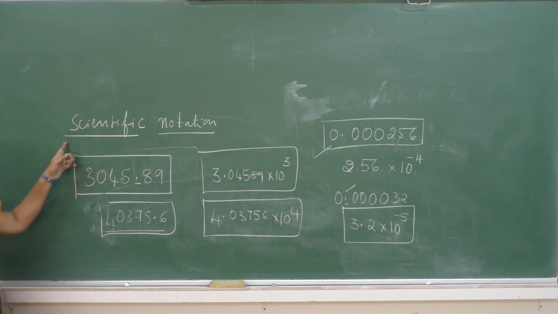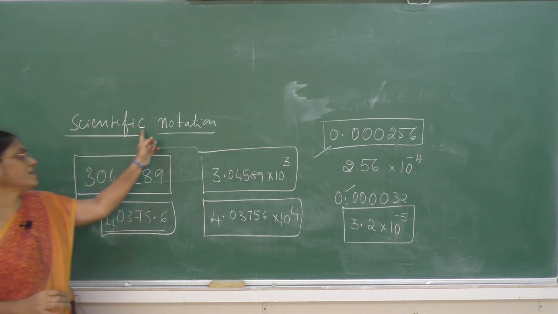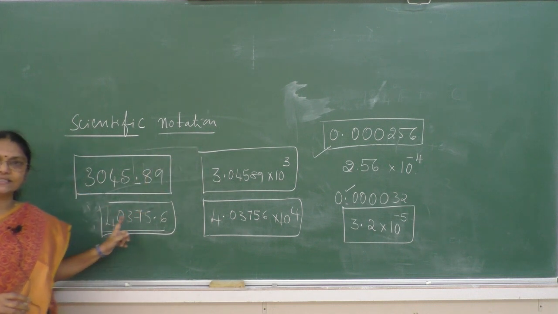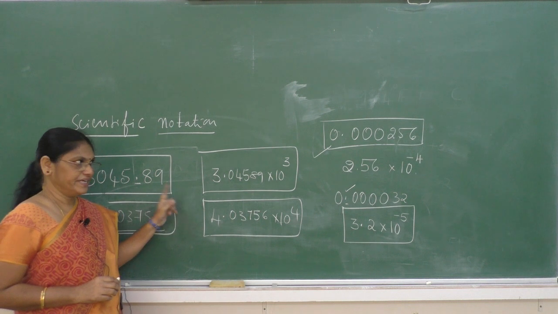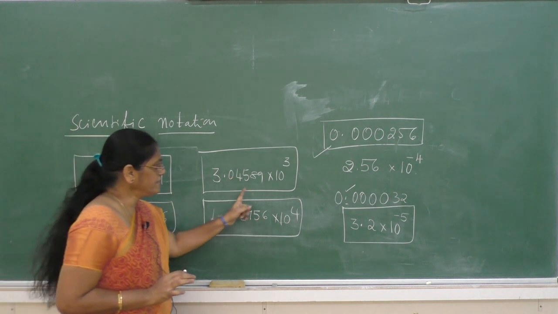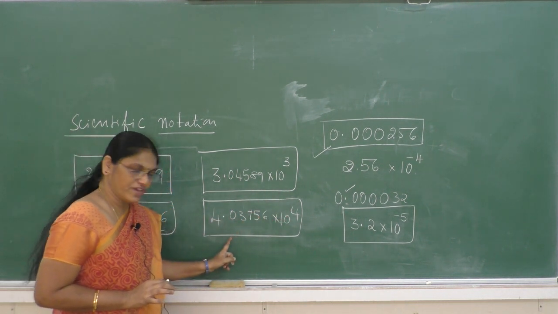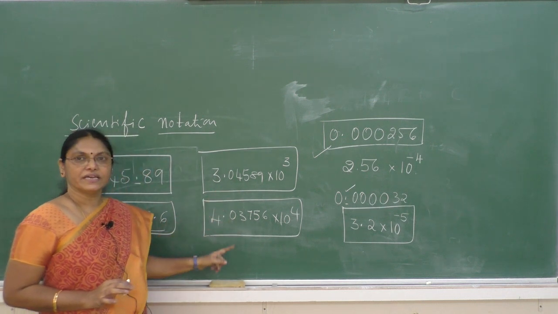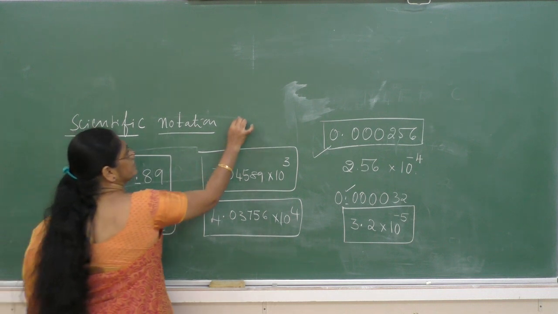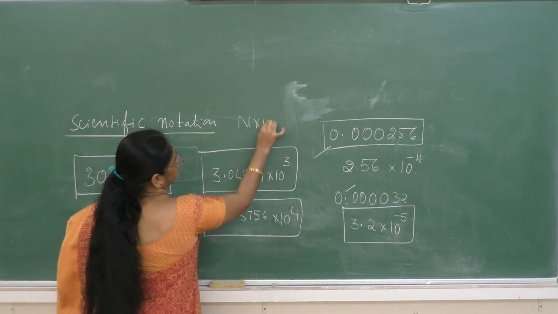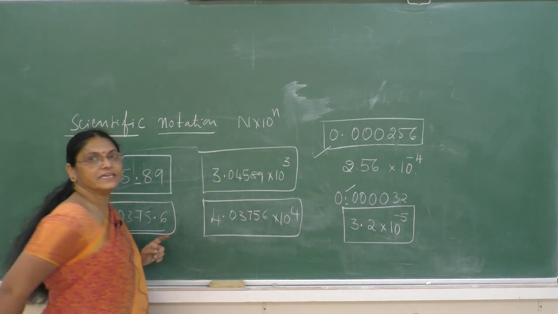So then what is scientific notation? It is the exponent notation in which any number can be represented in the form of N into 10 power n.